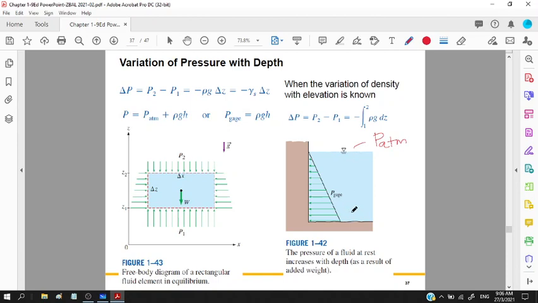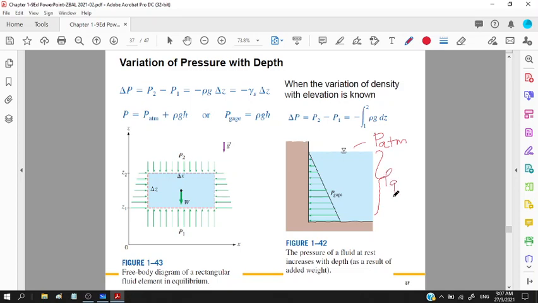So at a certain level, we have a different gauge pressure. It all depends on the height of the liquid on top of that level. The more we go down, the higher the value of the P gauge.